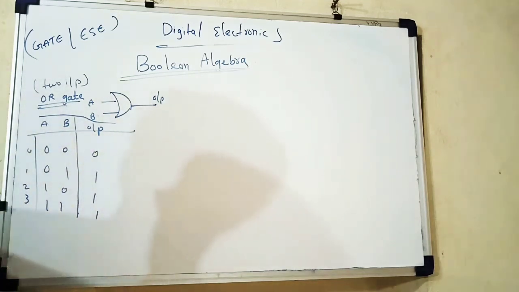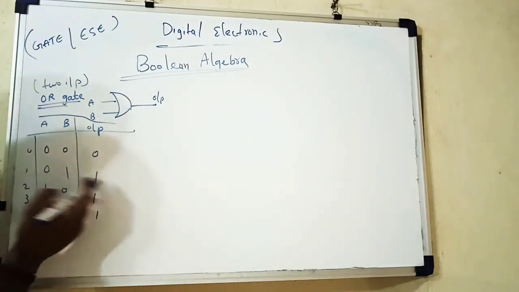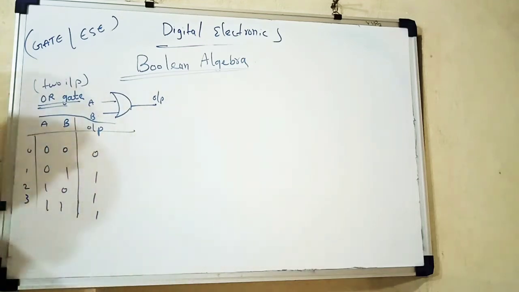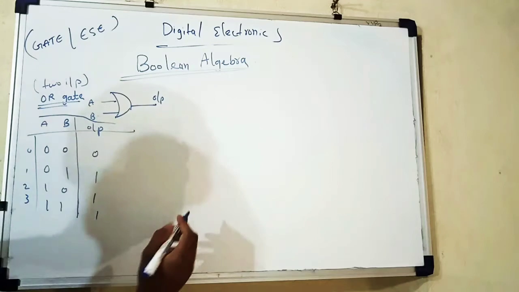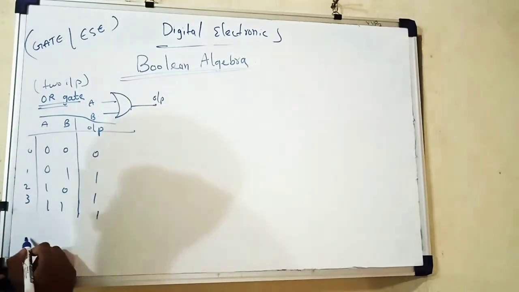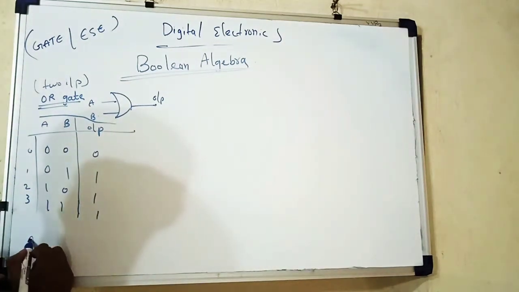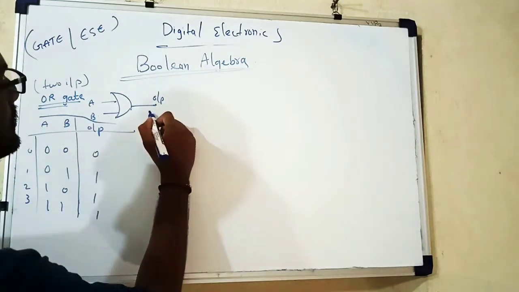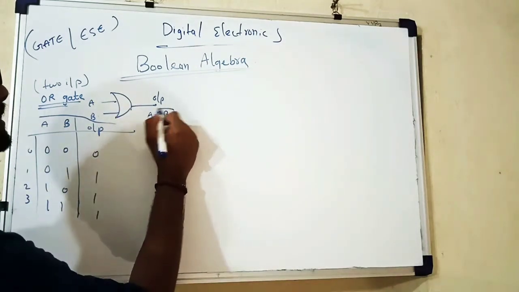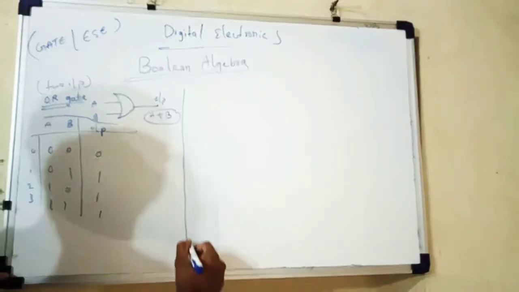Previously we have seen some rules: 0 plus 0 is 0, 0 plus 1 is 1. Same as that. If any one bit is 1, the output will be 1. This is represented as output equal to A plus B. This is the OR gate.